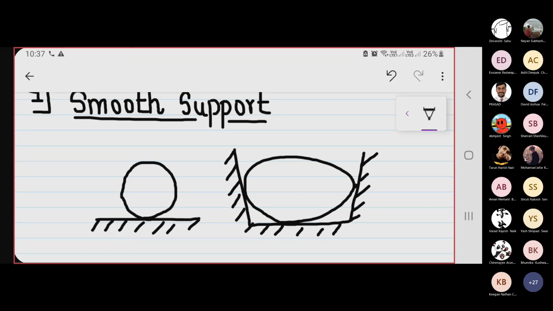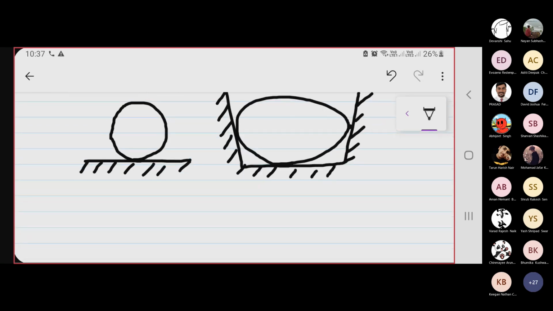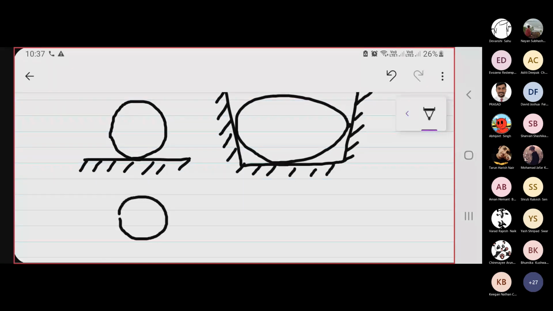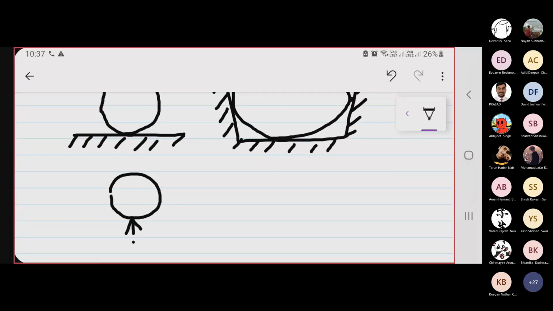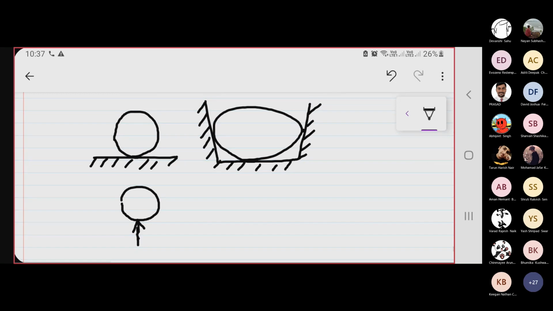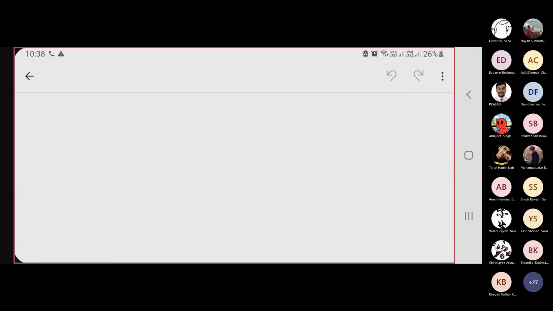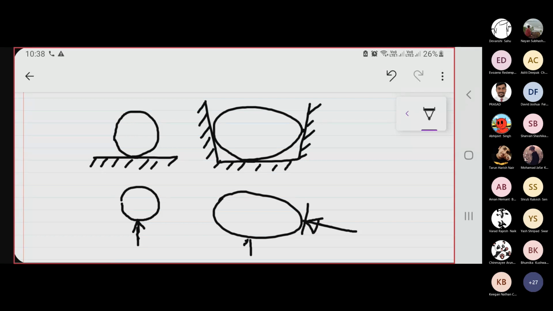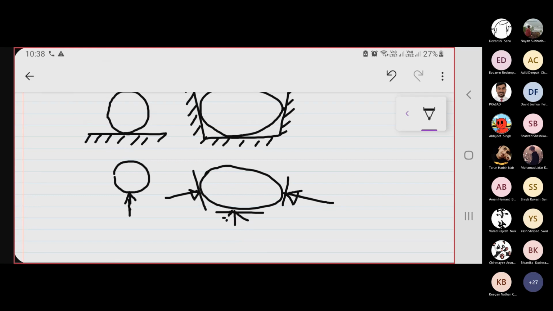So these supports are called smooth supports, and if we remove the support, we get a reaction on the body perpendicular to the surface. So this is called a smooth support.